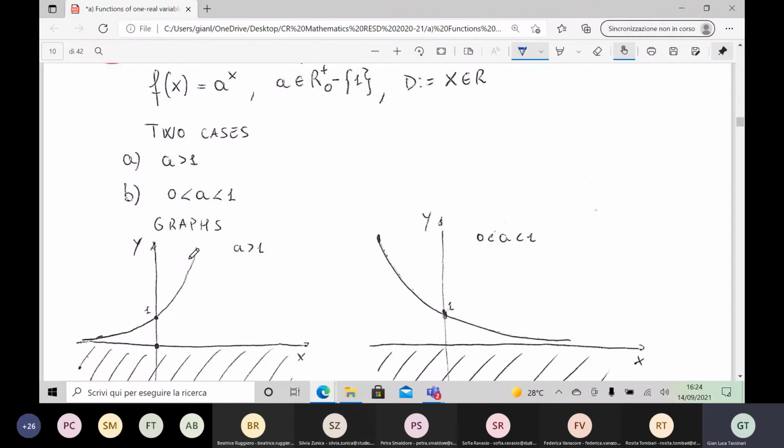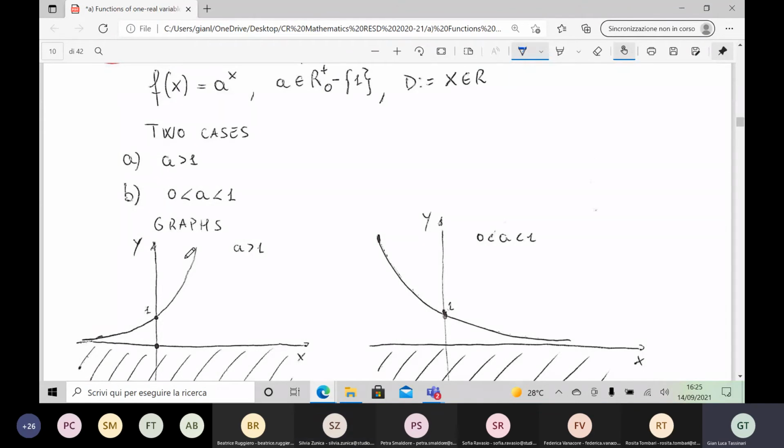What I'm saying is, all exponential functions with basis a bigger than 1, for example, f of x equal to 3 to the power x, f of x equal to 2 to the power x, f of x equal to square root of 3 to the power x. Whenever the basis is greater than 1, the shape, guys, is this one.